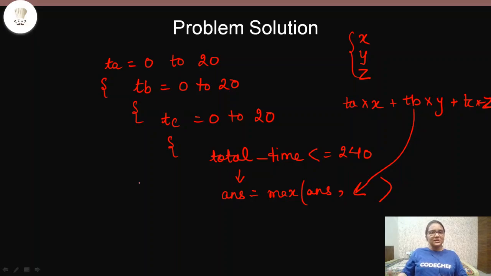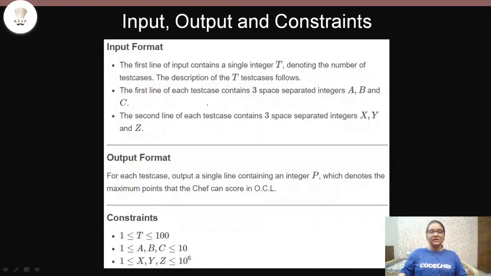So that's it. It was a simple brute force problem. And if you see the input, output and constraints, they are not too large. You can see that the test cases are just 100, and A, B and C, which is the timing, cannot exceed more than 10 minutes.